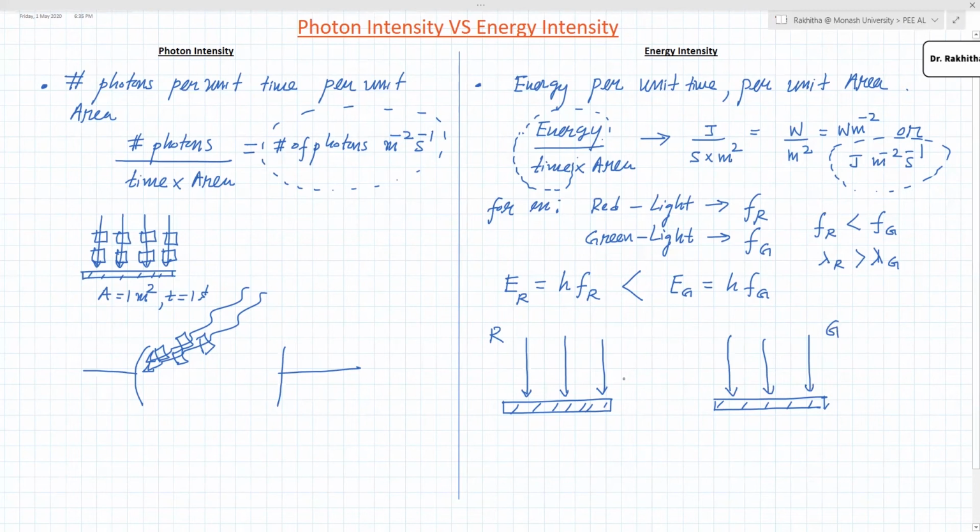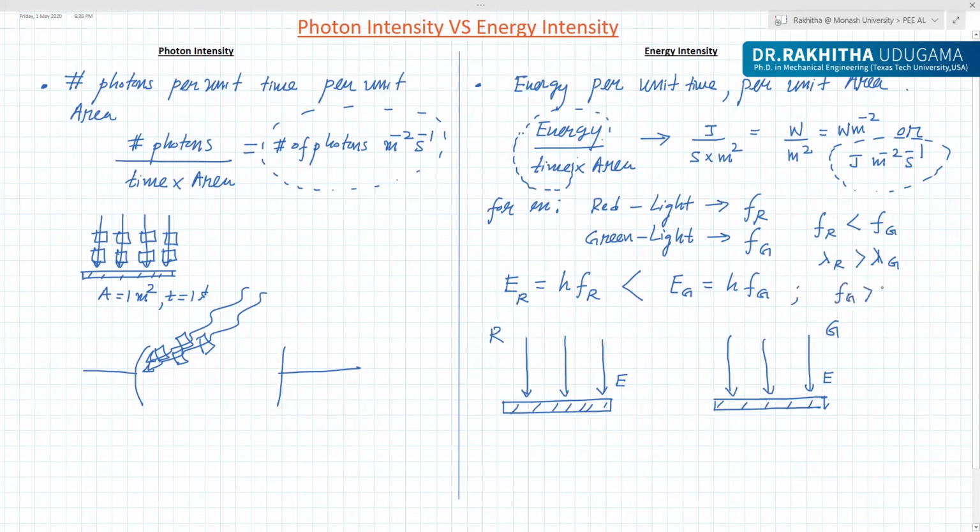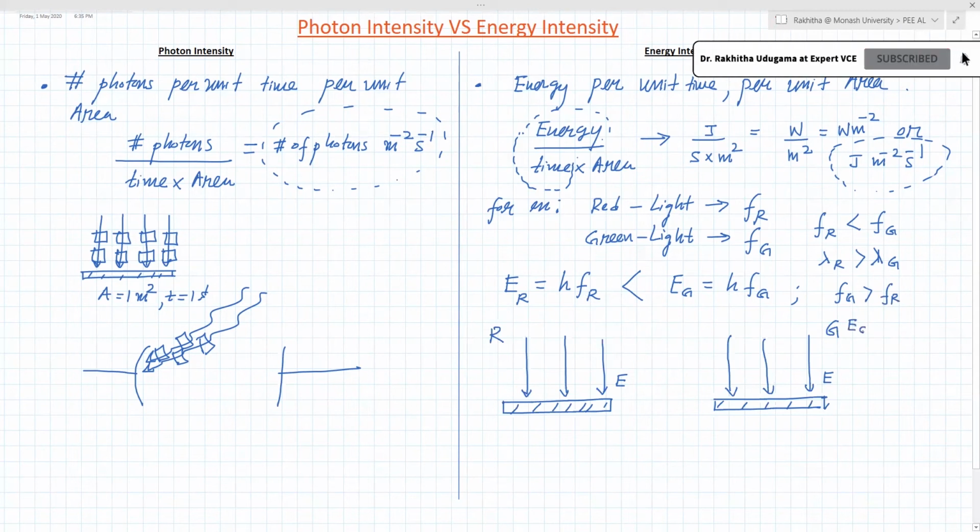Same intensity means the energy is fixed. Since the frequency fG is greater than fR, this tells me that E G is greater than E R, right?